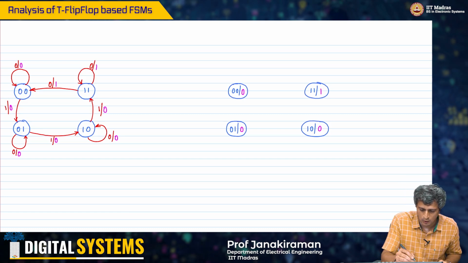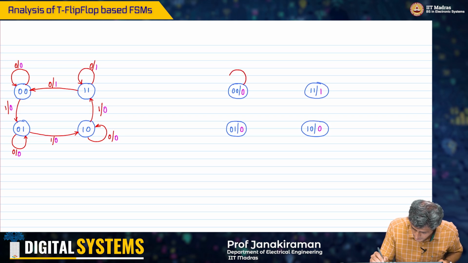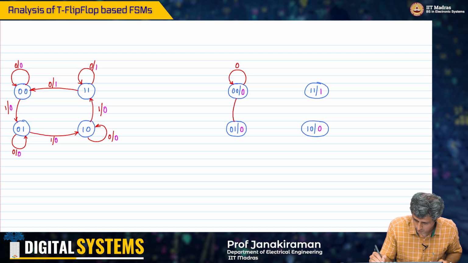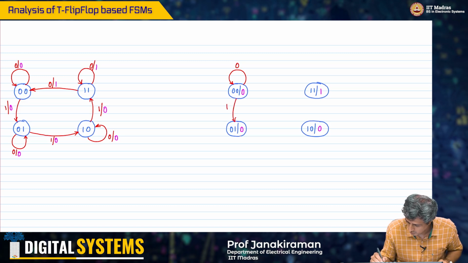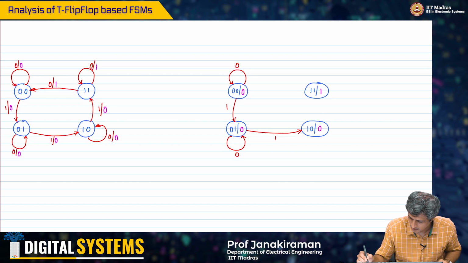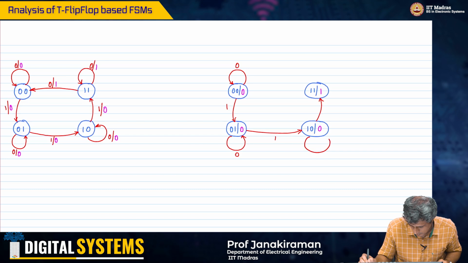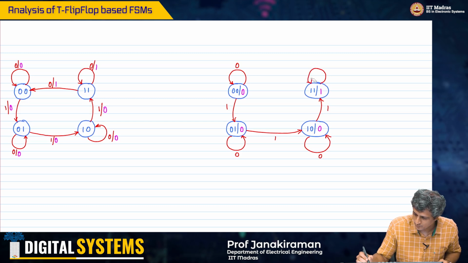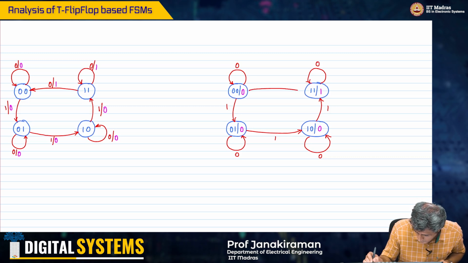And now I only worry about the input transitions here, where I have 0, 1, 0, 1, 0, 1, 0 and 1.